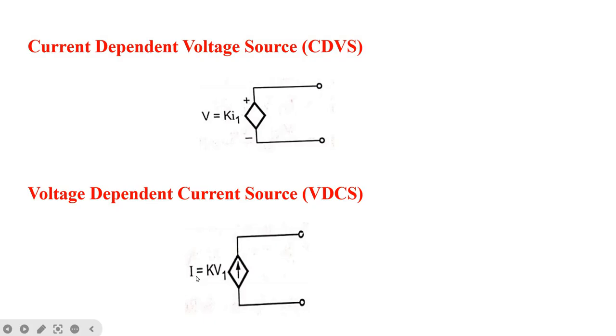The current source has a value that depends upon the voltage elsewhere in the circuit. Therefore, such sources produce a current as a function of voltage elsewhere in the circuit.